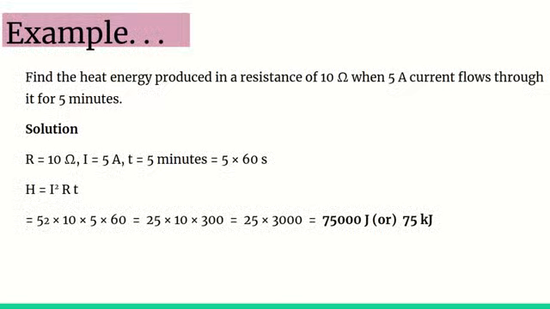So applying this in the equation H is equal to I square RT to find the heat produced, we get 5 square into 10 into 5 into 60 seconds, that is calculated to be 75,000 joule or 75 kilojoule.